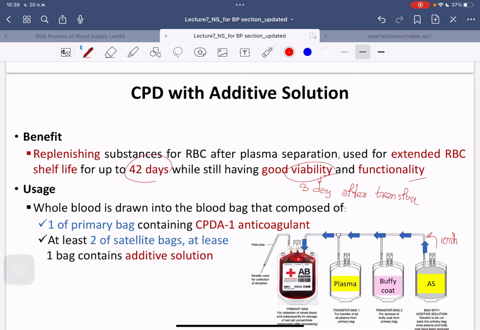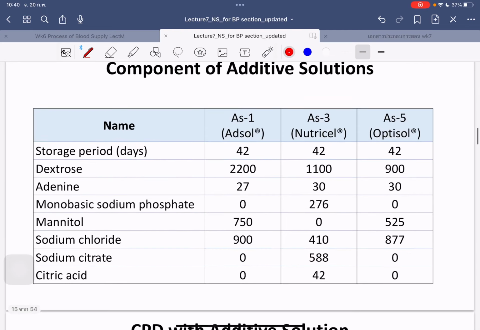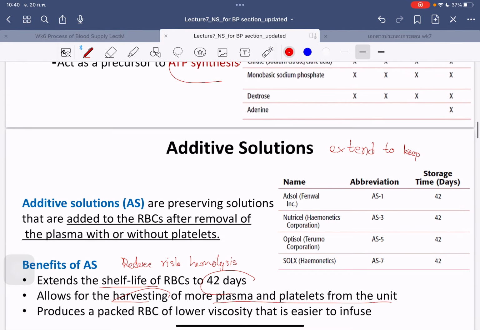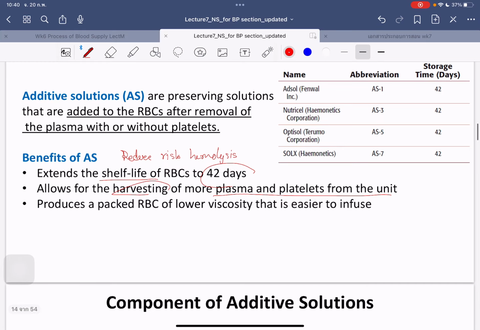Is it possible to add additive solution into the whole blood directly without separating plasma and buffy coat?